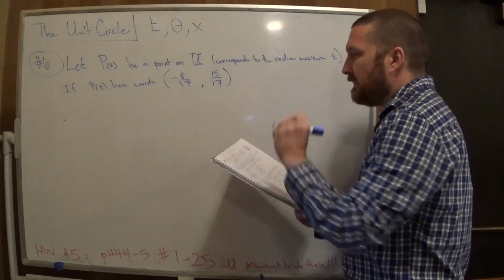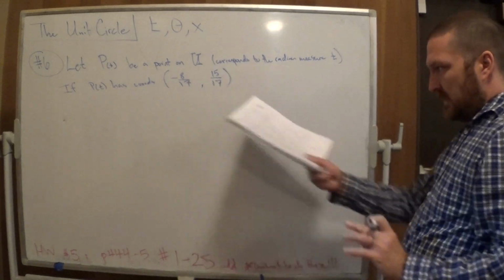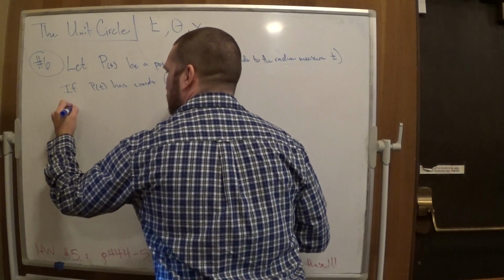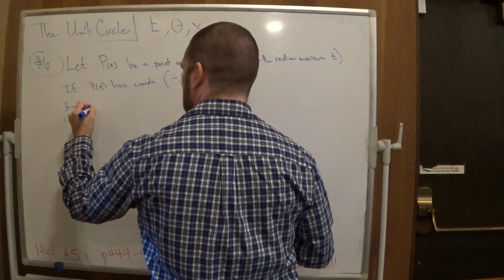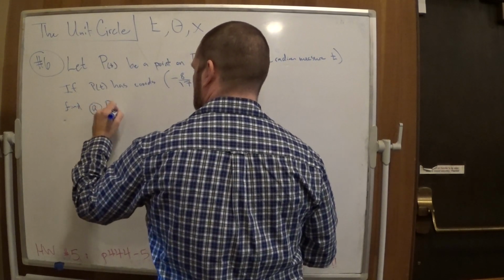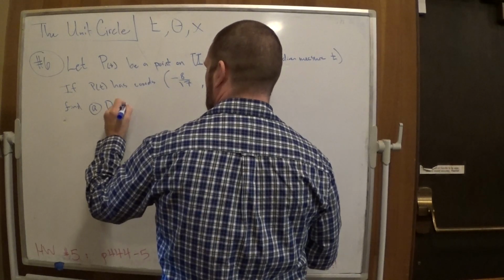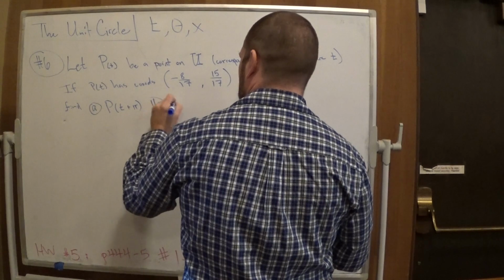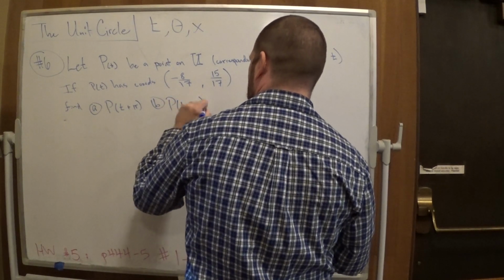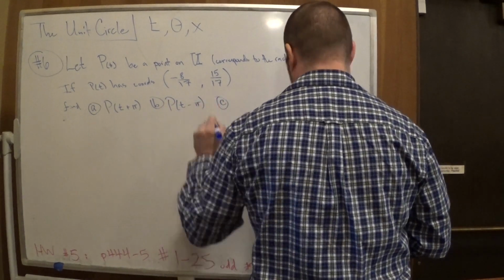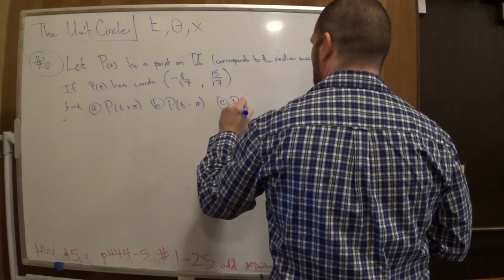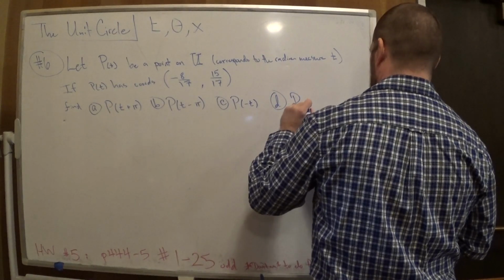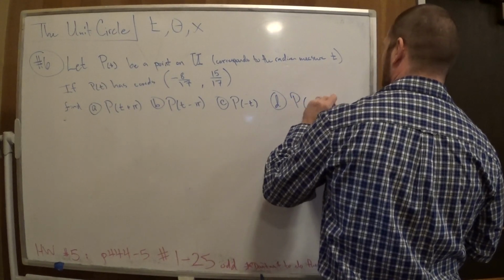If P of t has these coordinates, then find the following. A: P of t plus pi. B: P of t minus pi. C: P of negative t. And D is P of minus t minus pi.